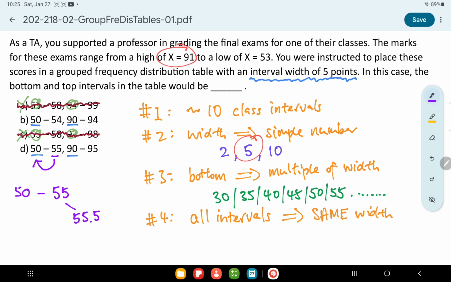And the lower real limit, which 50 represents, is, recalling information from a previous chapter, 49.5. If you do the math, subtracting 49.5 from 55.5, you actually get the range of 6 points, and not 5. Do you see? 6 points and not 5.